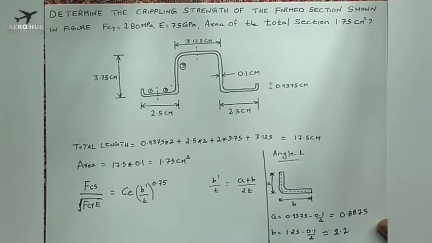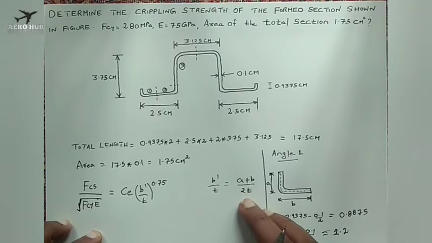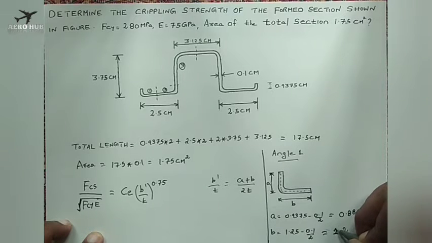Now we have to find out the value of B dash by T. B dash by T is nothing but A plus B by 2 times the thickness. That is already derived earlier. This is 1.2, not 2.2.